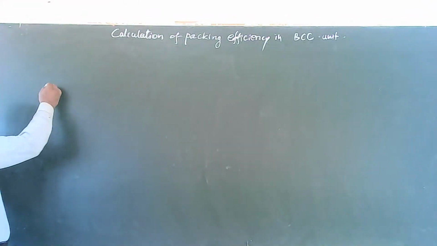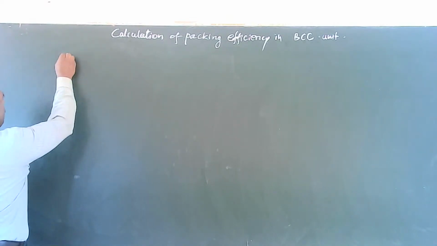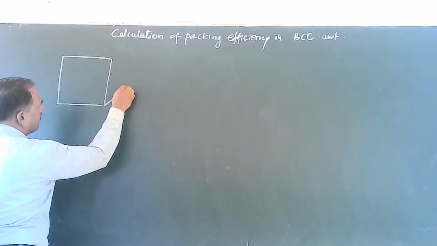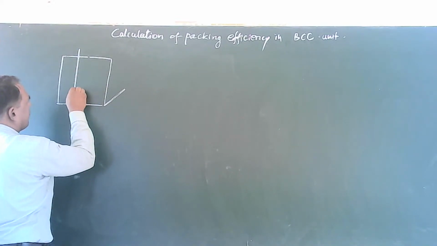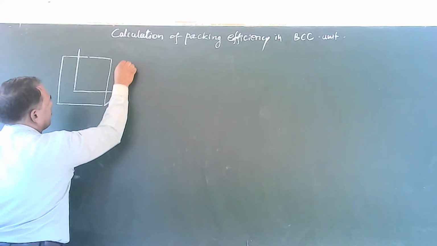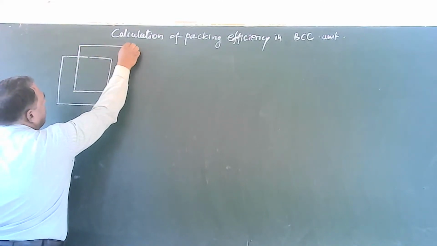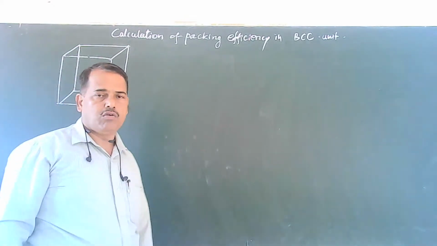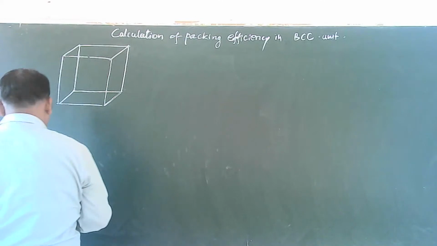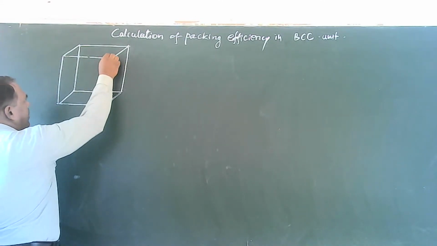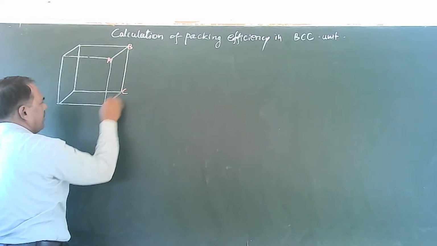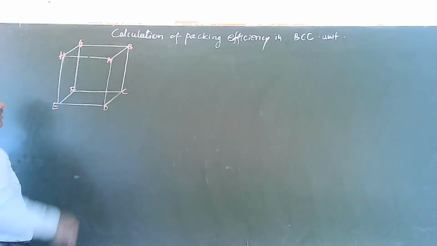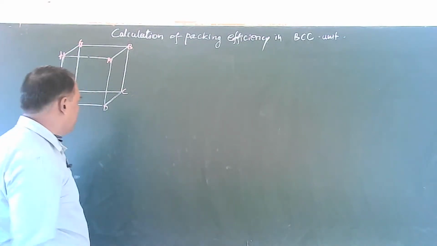Now we have to draw it. I will draw it here. See, which is nothing but a cubic unit cell. Are you clear? A cubic unit cell. Now you take A, B, C, D, then E, F, G, H. Are you clear? So a small construction you have to draw.